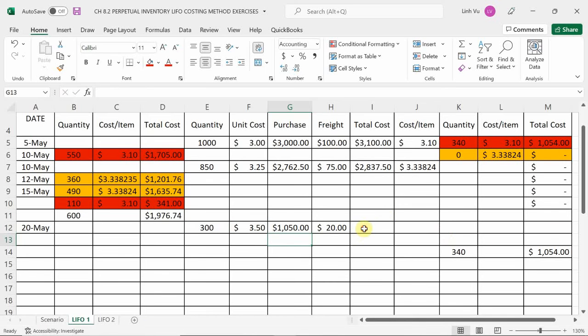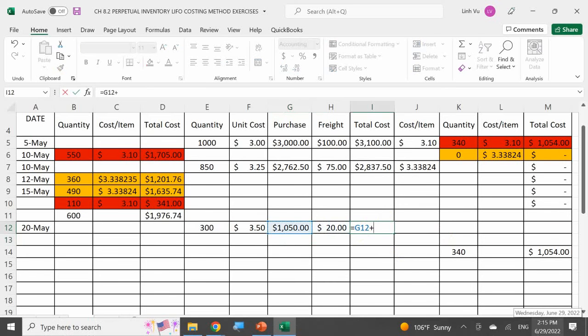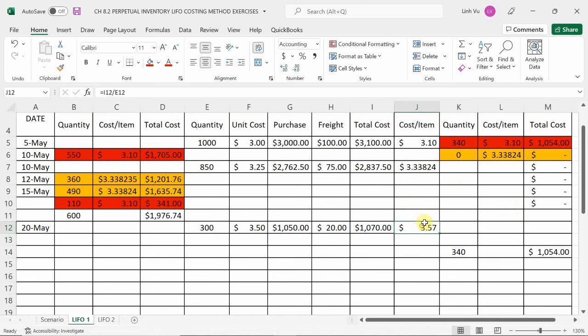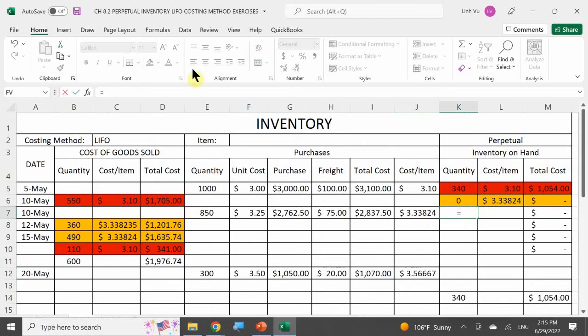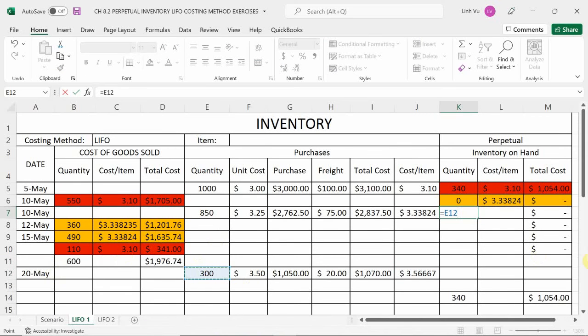Good. 1,050 plus 20 gives me a total cost of 1,070, right? And my cost per item is going to be 3.5666666666.